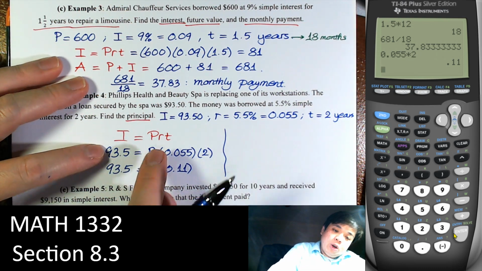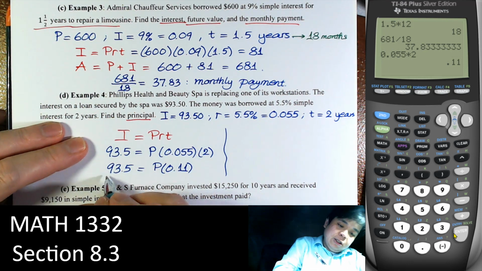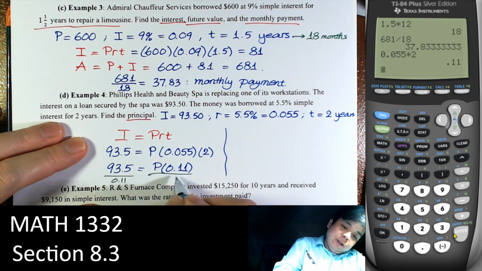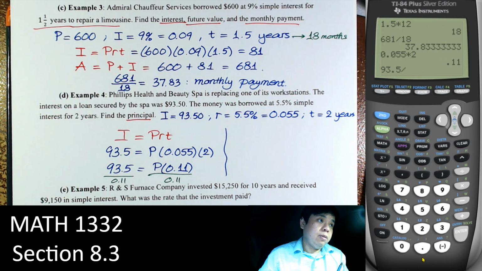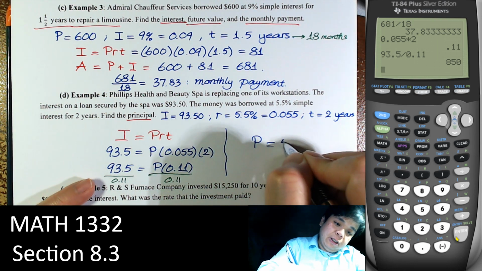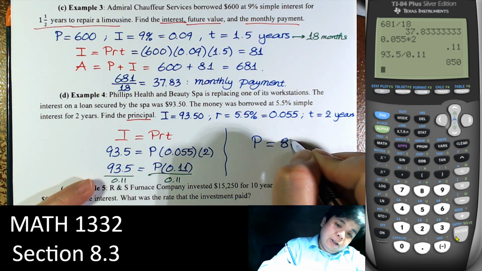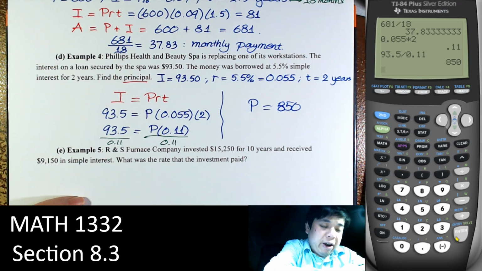And then if we want to find the principal, divide both sides by 0.11. So we have 850. Right, so that is what we have.